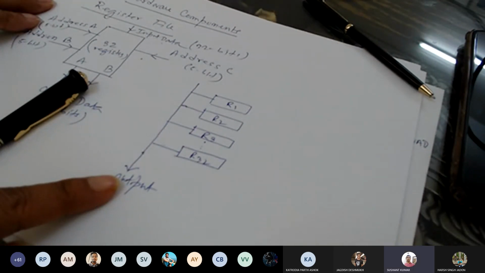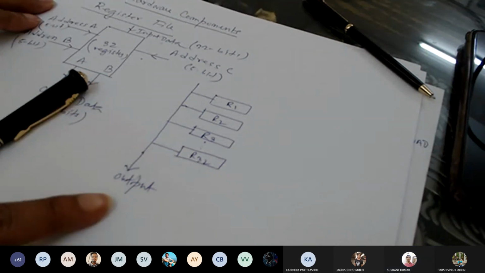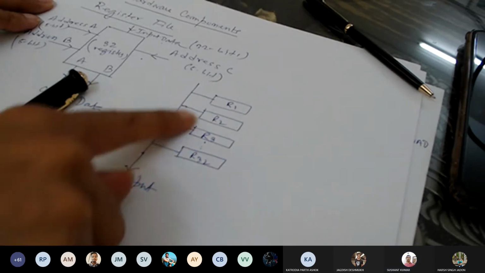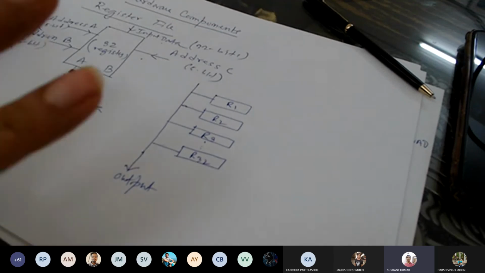Two output lines we need, right, sir? No, I mean there is a single output. Let's assume that I want one of the values of these 32 registers to come to the output. What do we require here? Controlling bit? That's the control circuit, fine.